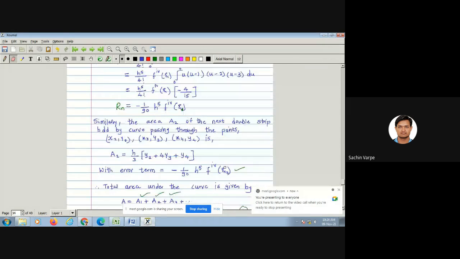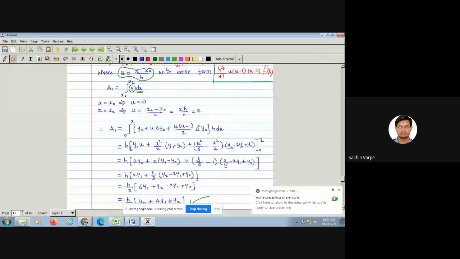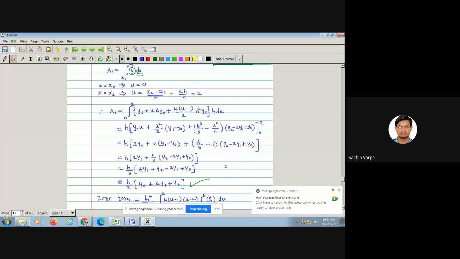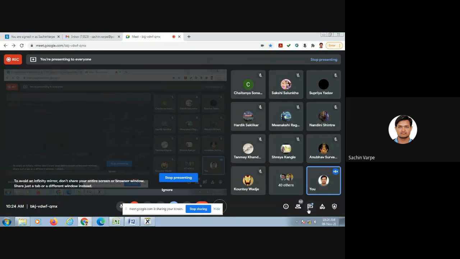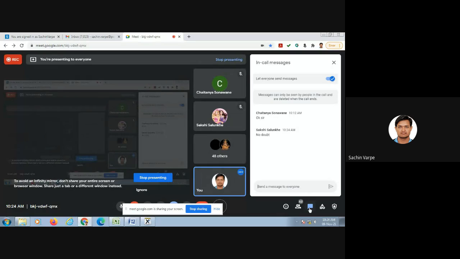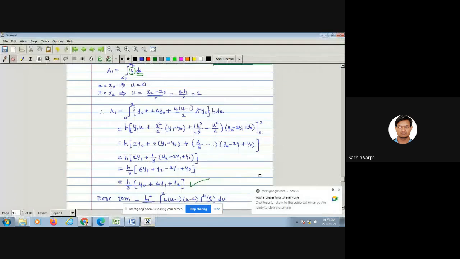You can see the formula. Let's have an example.